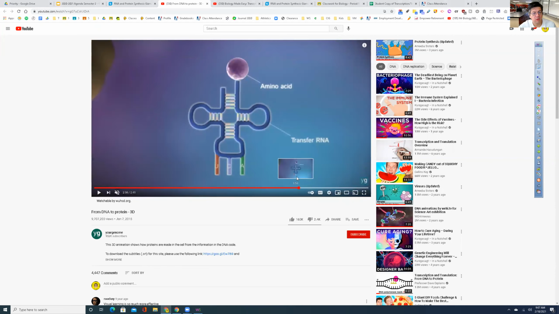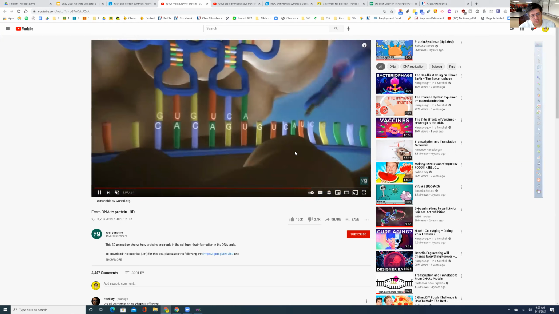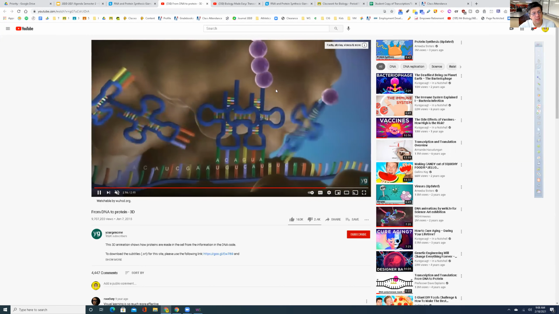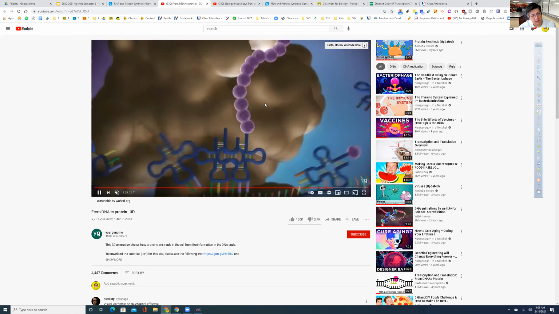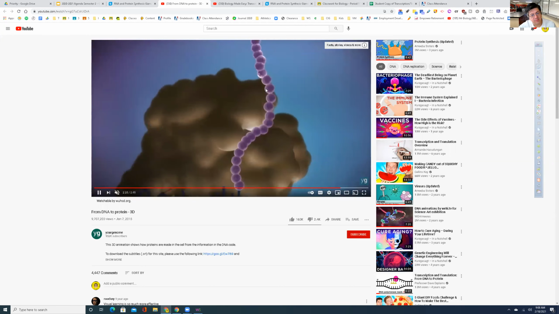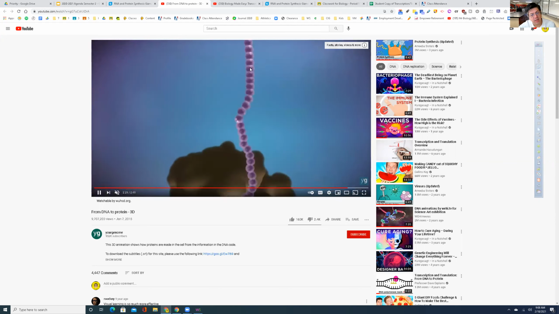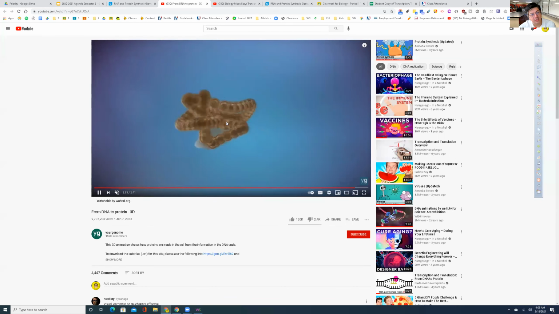Here we go. So remember, look what happened. Boom, boom, boom, boom. See that purple necklace thing? That's the thing that's being made. That's what the ribosome is making. He's connecting those molecules of amino acids. This thing right here is the protein, right?